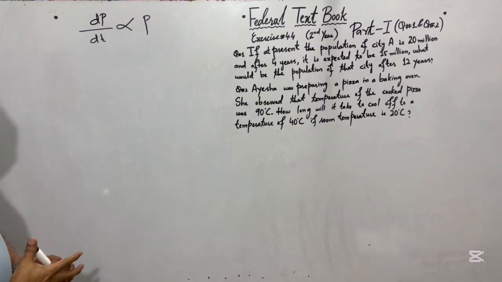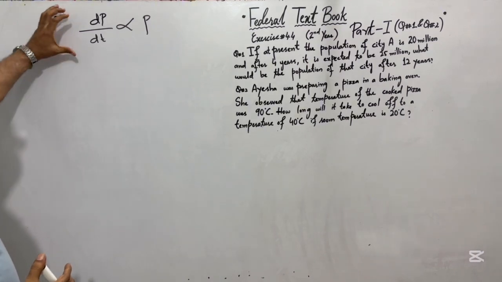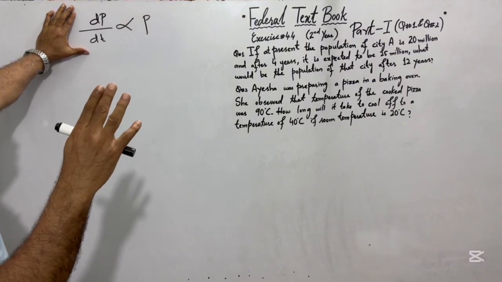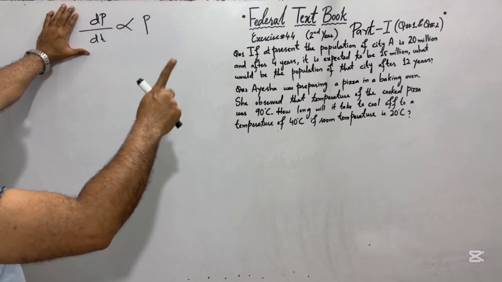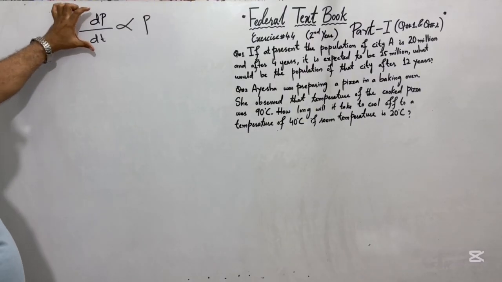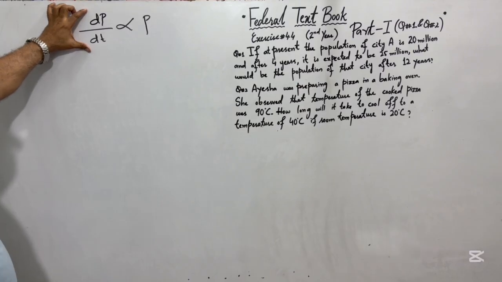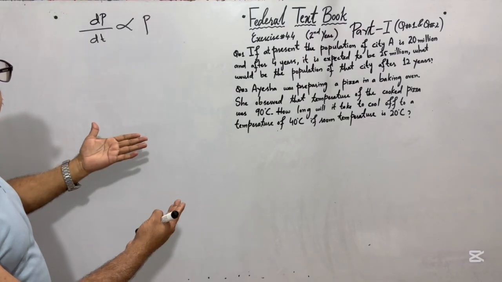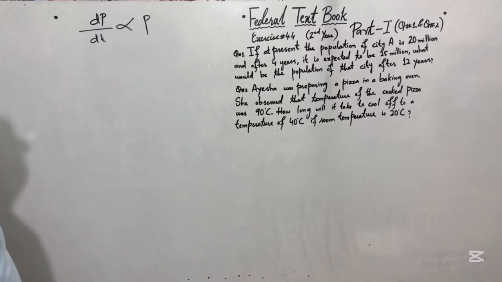Wonderful concept, rate of change. Rate of change encompasses two things: increase or decrease. The rate of change of population with respect to time is proportional to the population present.